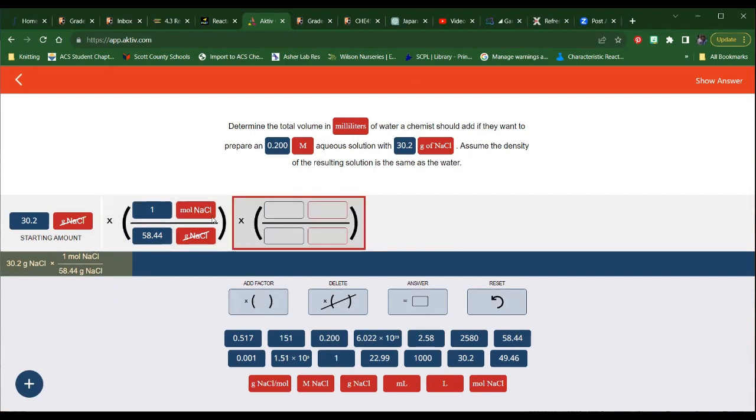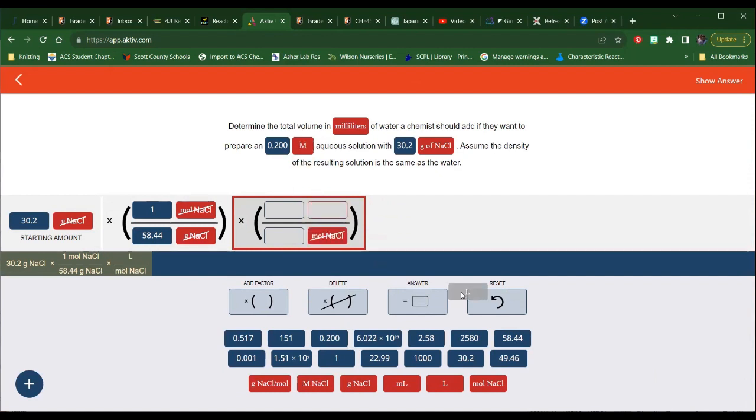So now I want to get rid of moles of sodium chloride, and I want to go to a volume. So this molarity takes into account moles per liter. Okay, so I can put liter up here, or I can say, you know what? What if I just put molarity here?